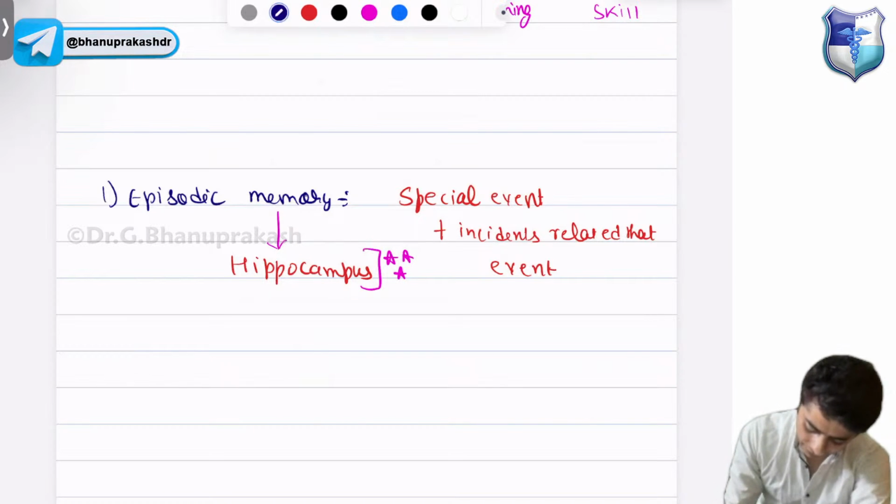Now we will come to the other memory, that is your semantic memory.